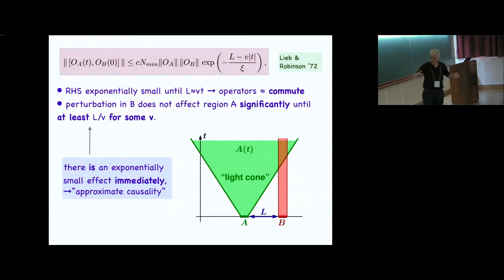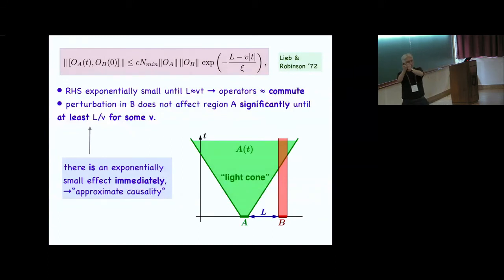It has tails everywhere, but it starts becoming big to some extent only within some light cone. That's the way to think about it. And measurements in A and B start affecting one another only after this light cone starts intersecting with region B.